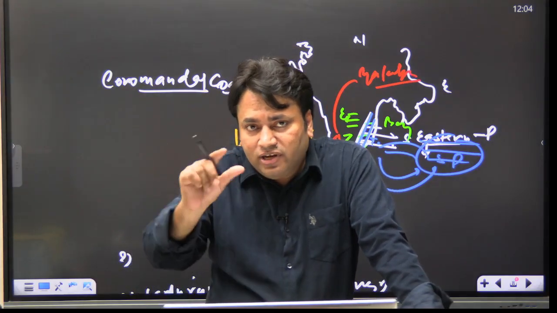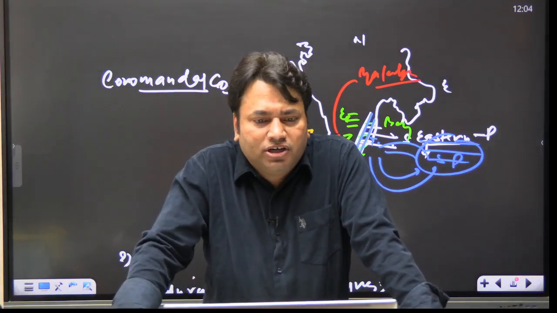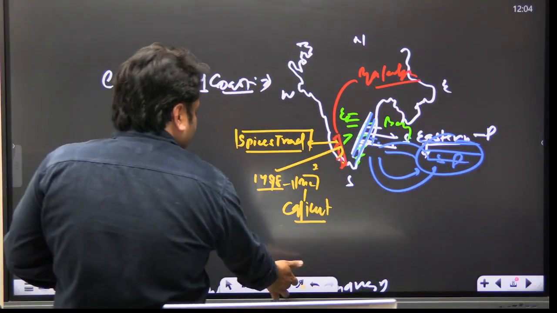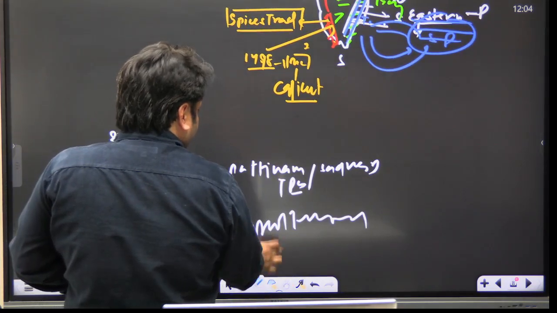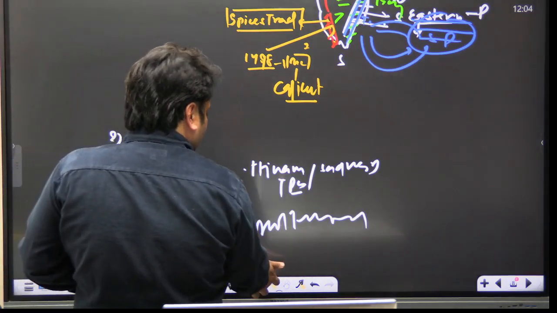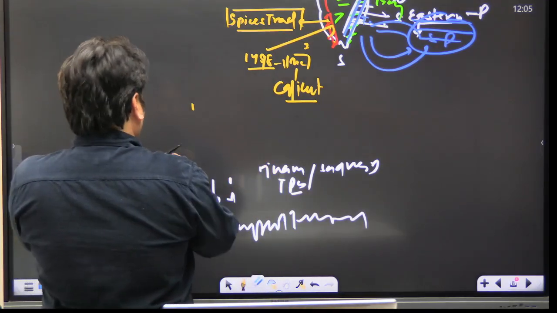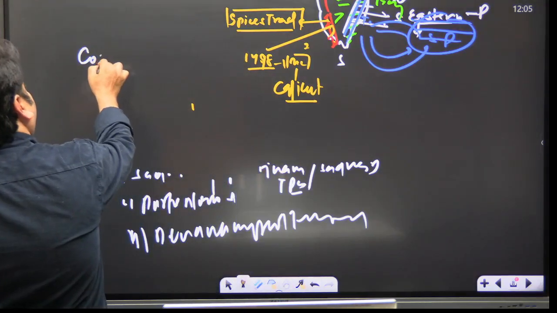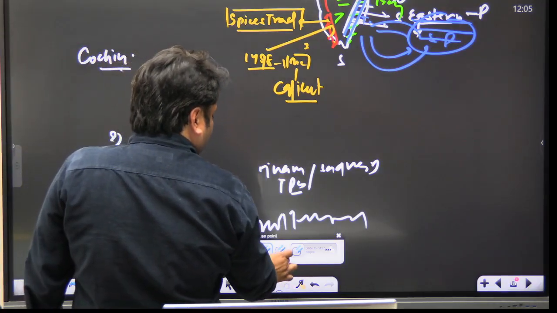Now when the Dutch came, this Malabar coast also became important for them. The most important Dutch center on the Malabar coast was Cochin. Write this: the most important Dutch center on the Malabar coast was Cochin.